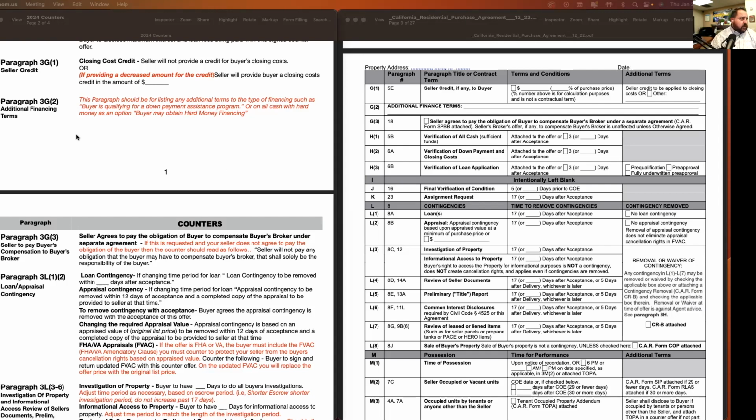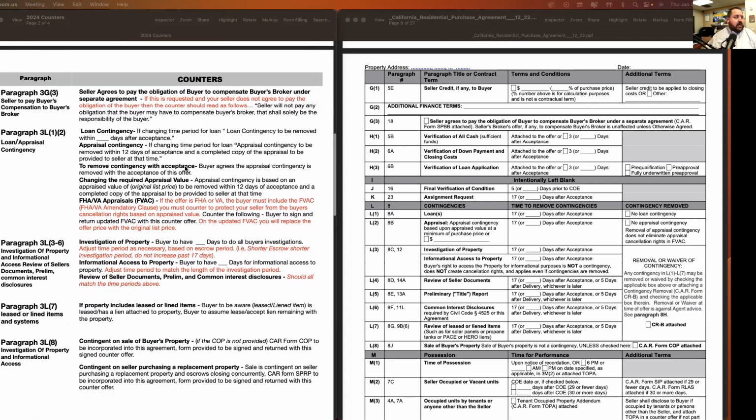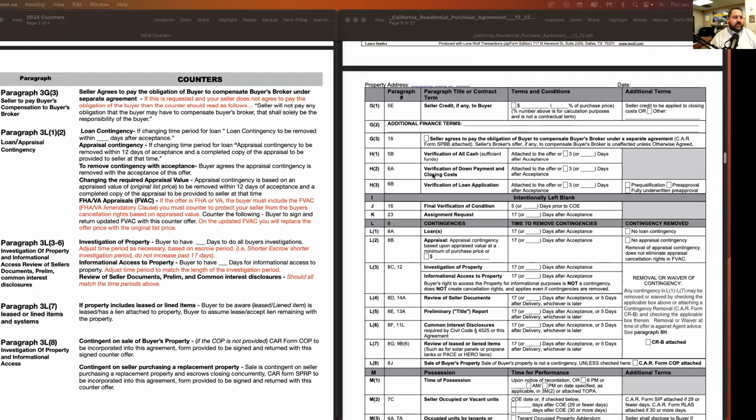Okay. All right. We talked about this part already, the G3, which was the seller's obligation to pay buyer's commission. That goes along with the buyer representation agreement we talked about 2 weeks ago, where if the buyer is paying a commission to the agent, the buyer can ask the seller to be responsible to pay that commission.